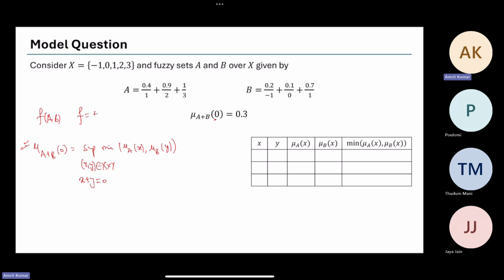So we will take the supremum of this quantity over all pairs x comma y such that f of x comma y is equal to 0. F is plus here. So we'll look at all pairs x comma y such that x plus y equals 0. And x and y come from this set. So what are the possible cases? Either both of them are 0, or one of them is 1 and another is -1. So these are the only possible pairs x comma y from X cross X such that x plus y is equal to 0. And you can verify that if you take any other pair, it won't have a sum of 0.